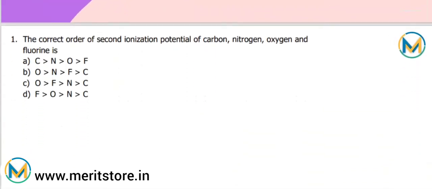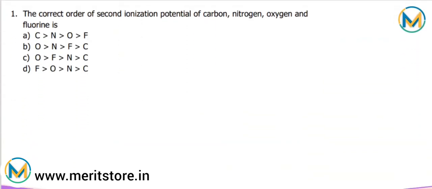First question. The correct order of second ionization potential of carbon, nitrogen, oxygen and fluorine is. So ionization potential increases across the period.